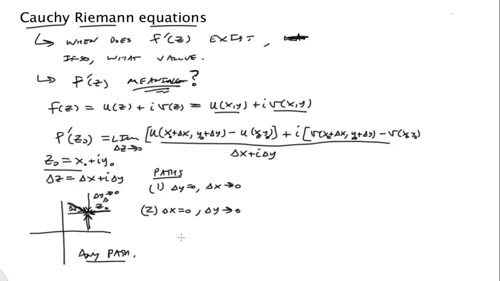Okay, so let's see what we can do. Here's our definition of the derivative. Now let's literally take that and set all the delta y's to 0.